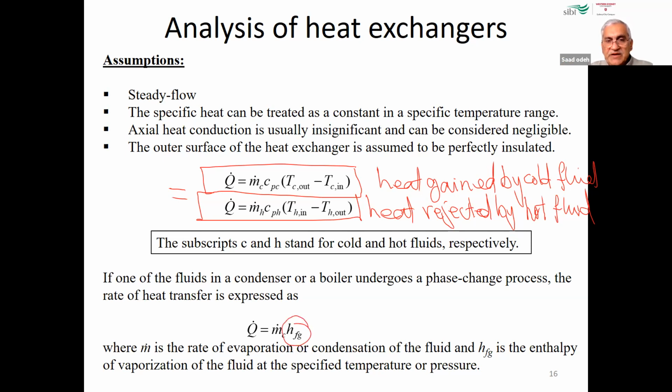So we can simply find Q dot by referring to the difference between the enthalpy of saturated vapor minus enthalpy of saturated fluid, which is hfg. We know the hfg from tables, multiplied by the mass flow rate of that fluid, then we can get the heat transfer.